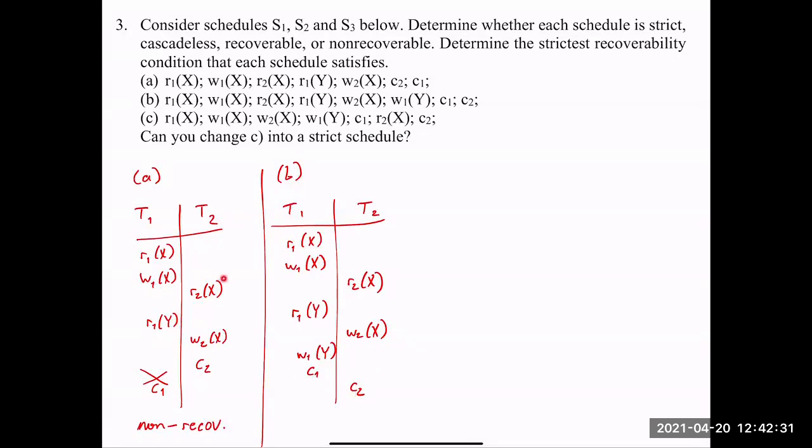So the scenario that I just described on the left, that won't occur here, because what can happen? Well, if T1 crashes before it commits, then all these operations will be undone. And we can simply also abort T2, right?